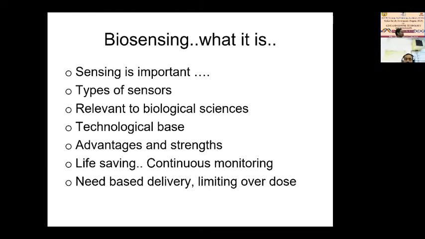Sometimes in an earthquake situation, human life is under the debris. In that condition, how do we know? Nowadays, only the dogs can smell faster as compared to these sensors.